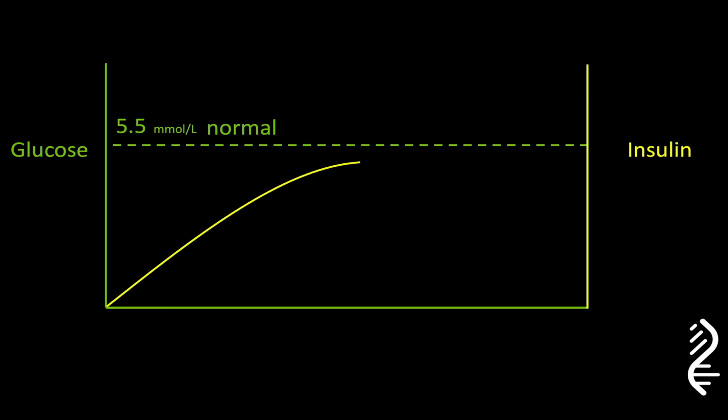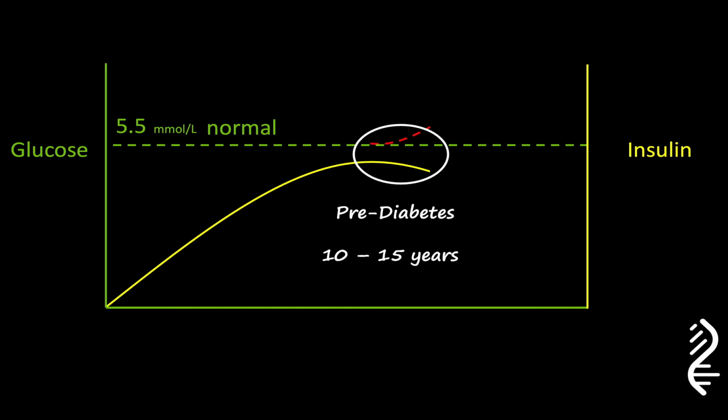And so looked at, again, back on the graph, what happens here is as the pancreas begins to be affected, it can no longer produce more insulin. And in fact, insulin levels start to plateau. As they plateau, the blood sugar goes up a little bit. And this is what we call prediabetes. Now note, this is 10 to 15 years into this process, and we're finally giving it a diagnosis.